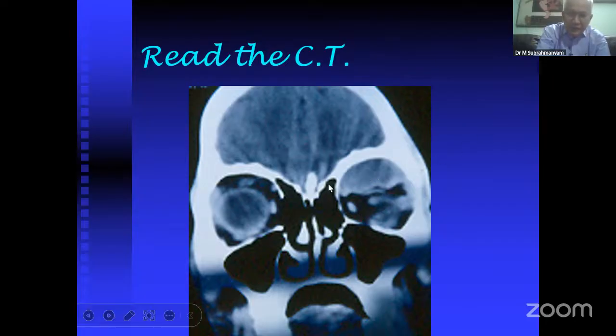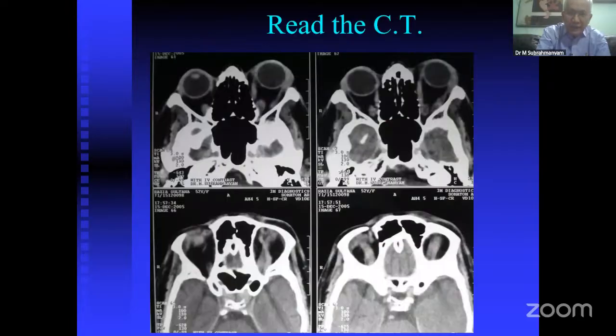If you look, the sinuses are clean and normal. So it is a subperiosteal hemorrhage. If the sinuses are involved, as I have shown in the lecture, it would have been a subperiosteal abscess. This is a case of subperiosteal bleed.